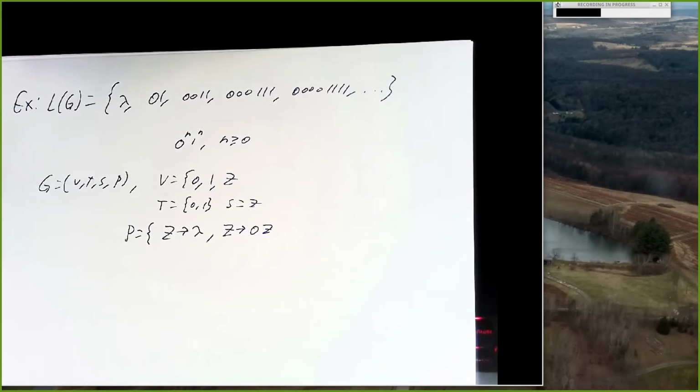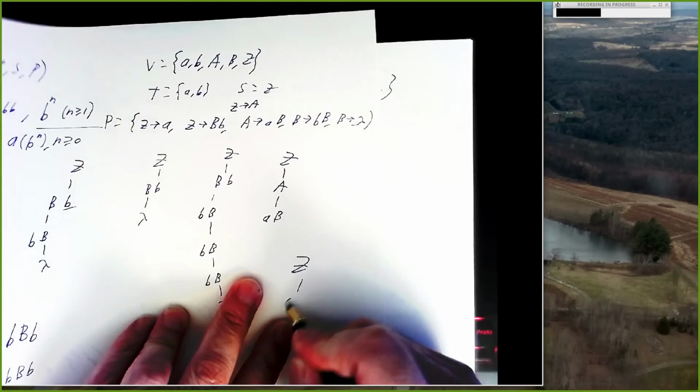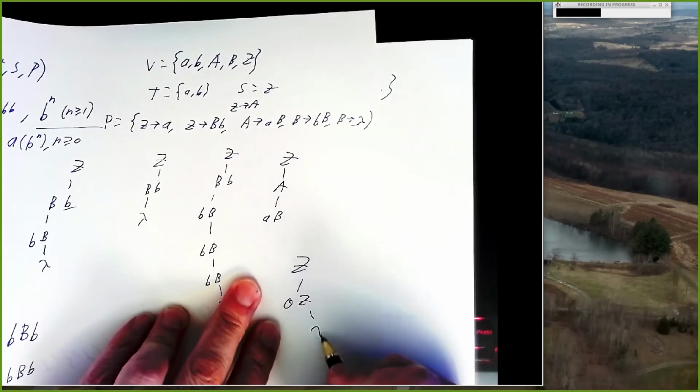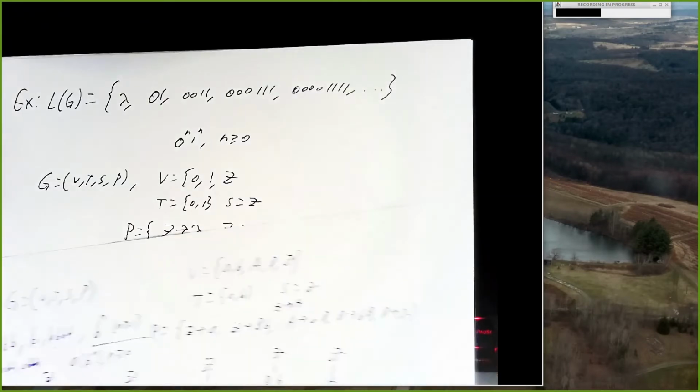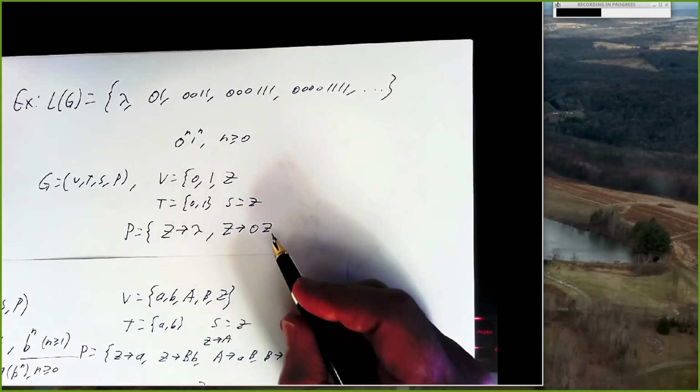So 0Z is the right idea, but if we let Z go into 0Z, and we let Z go into lambda, that would give us just the string 0, and that's not part of the language. But this is really close. Can we tweak this rule a little bit?